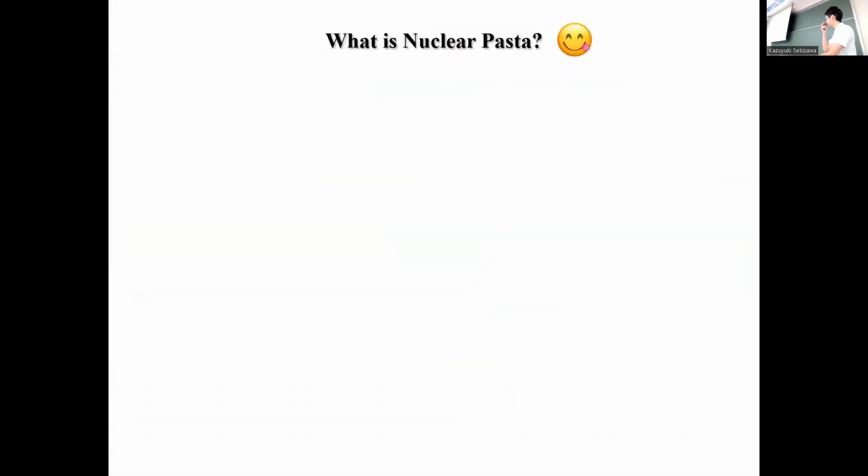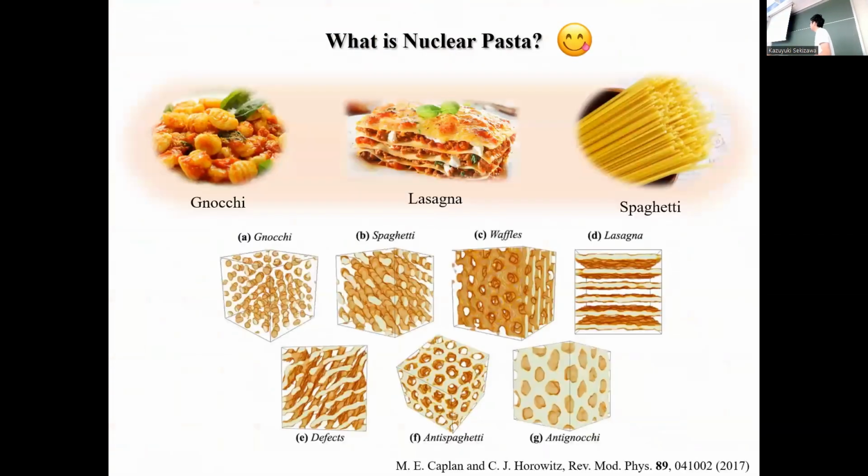So it is something like this. Okay. So at the bottom picture, it shows some theoretical calculations of the structure of the inner crust, I mean the bottom layer of the inner crust.